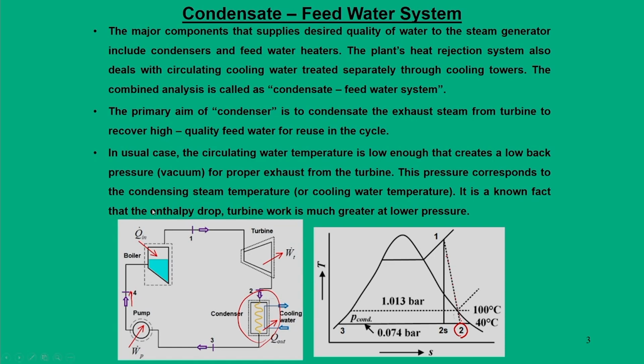Another important point here is that the outlet from the condenser is usually called condensate, but feed water is another term, as the condenser also has to supply the required amount of feed water to the pump. So, these two things are coupled together when dealing with condensers, but we are going to treat them separately.